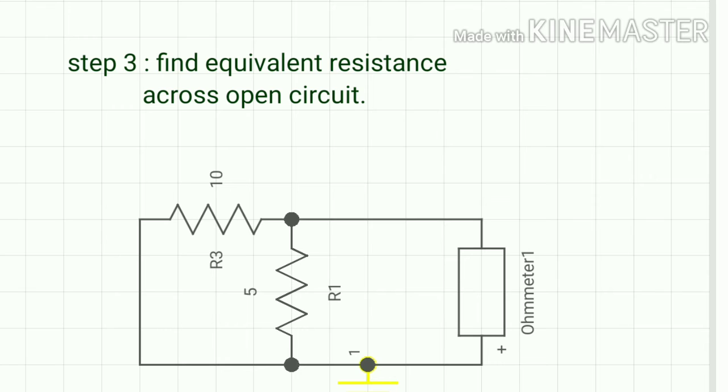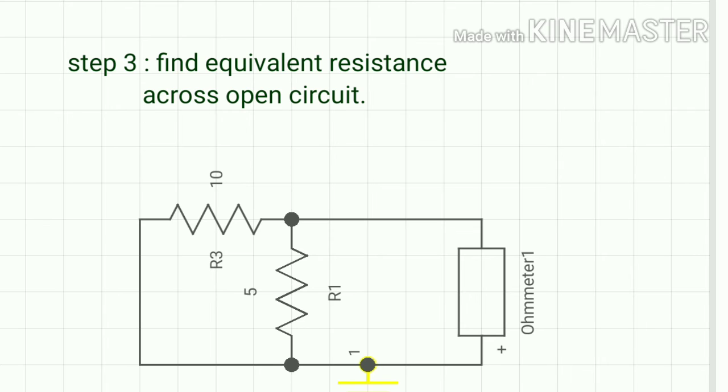Okay, now you can see here the resistances R3 and R1 are in parallel, of 10 and 5 ohm. So what will be the equivalent resistance across this open terminal? Open terminal means where we found the voltage across the load resistance. This is open circuited.